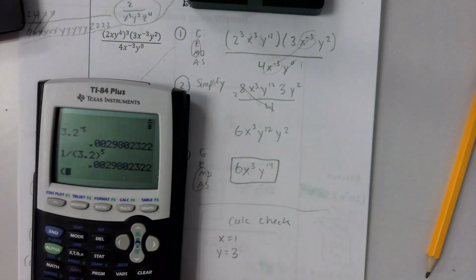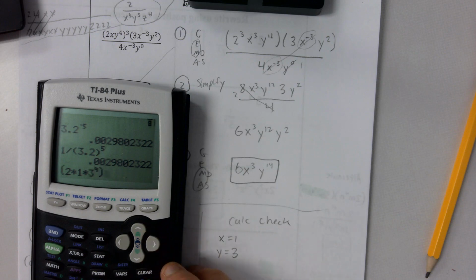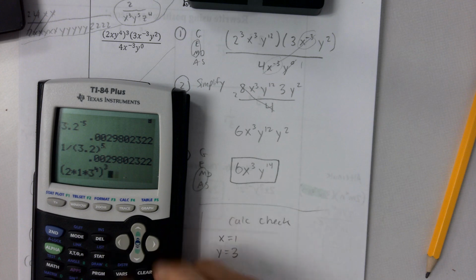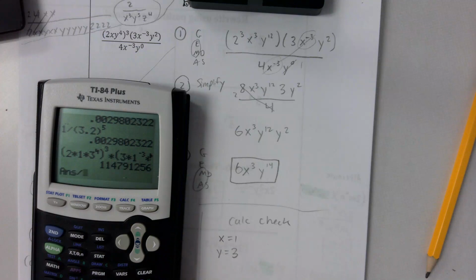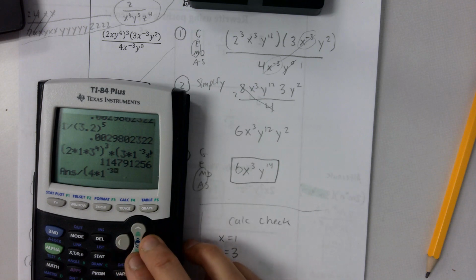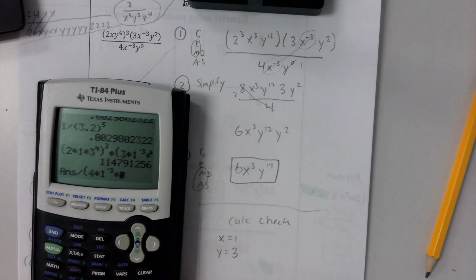Okay, so we have 2 times 1 times 3 to the power of 4, all to the power of 3, times 3 times 1 to the power of negative 3 times 3 to the power of 2, all divided by 4 times 1 to the power of negative 3 times 3 to the power of 0.